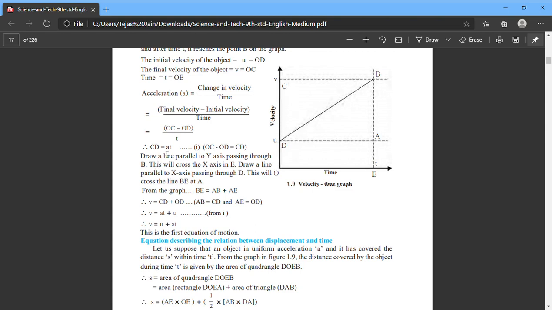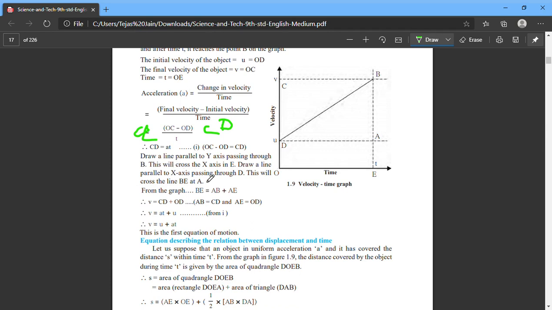Therefore, CD is equal to OC minus OD, right, upon t, and a is equal to CD upon t. Therefore CD is equal to at.